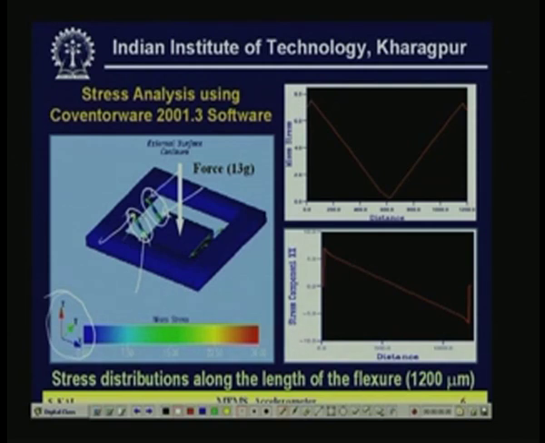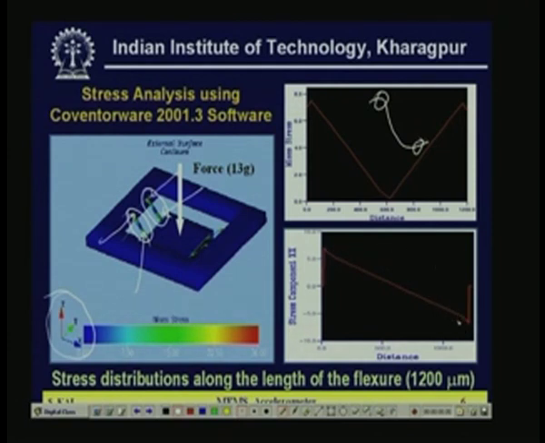Near the frame end is a tensile stress and near the mass end is a compressive stress. Since elongation is like this, the elongation will take place here and the compression will take place here. Where elongation takes place, this stress is positive and compressive stress is negative, opposite in sign. Tensile stress and compressive stress.